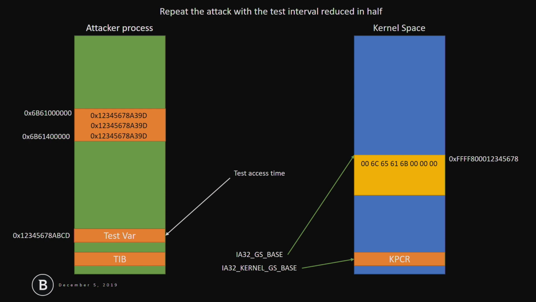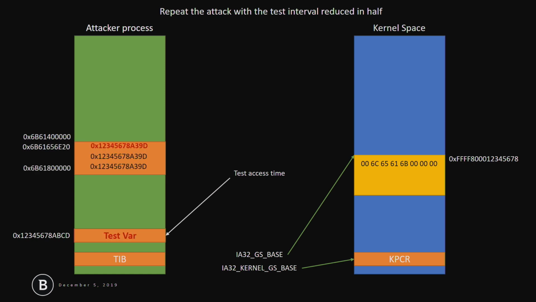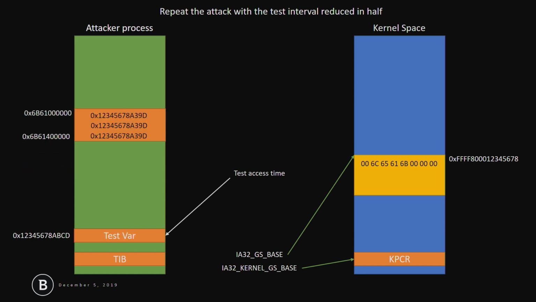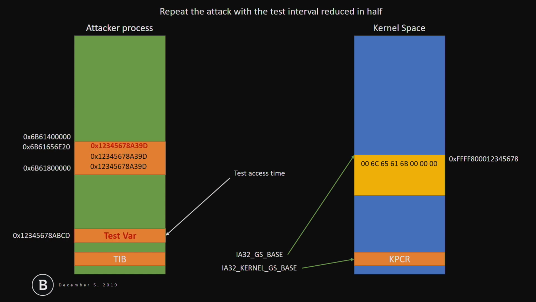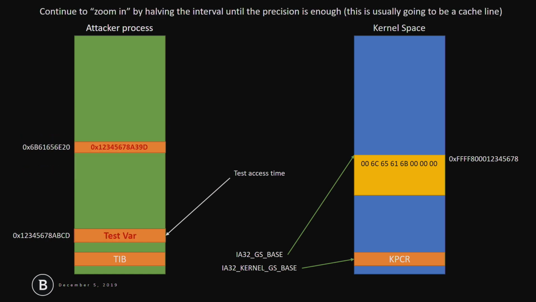We do the exact same thing, and we see initially that it's not cached. We repeat the attack on the other half, and we see it's cached. We halve it again, and we do it again and again and again until we zoom into whatever granularity we want, which can usually be a cache line in size, right? So within a 64 bytes range.